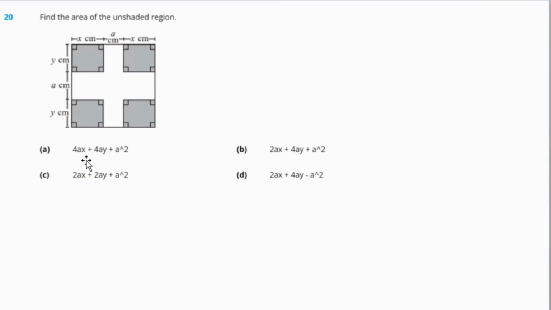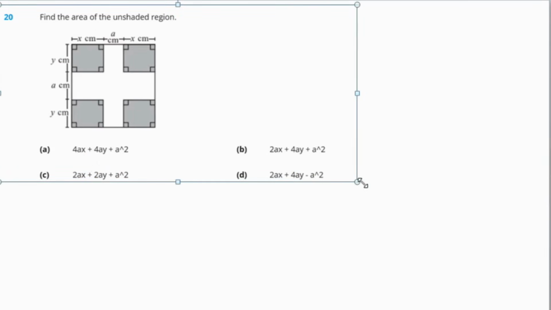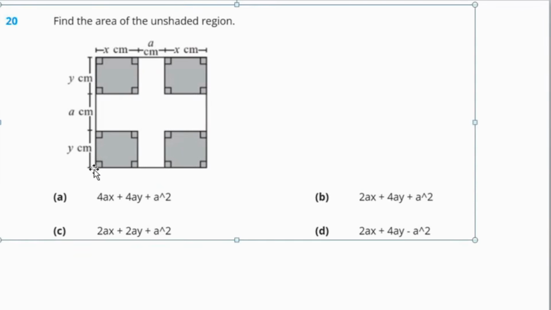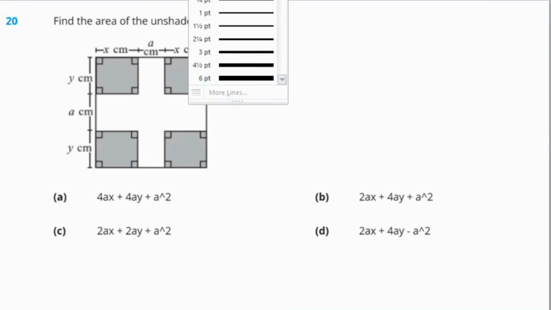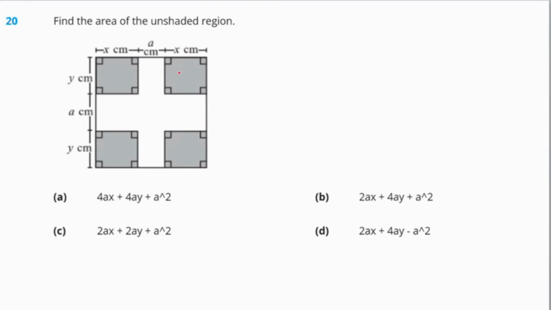Okay, now the next question. We need to figure out the area of the unshaded region here. To figure out the area of the unshaded region, first we can see the shaded part, which is like this.